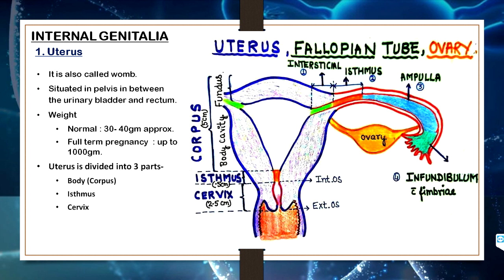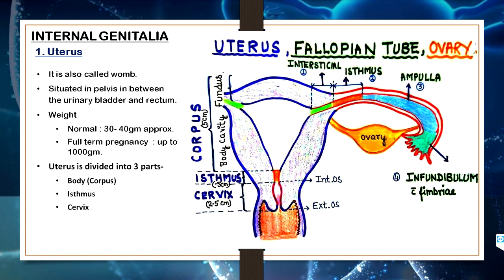So first is the corpus, second the isthmus. One thing I want to tell you about the corpus is that the wall of the uterus is made up of thick smooth muscle cells, and it has 3 layers. From outside to inside, outside is called the perimetrium. Within the perimetrium is the myometrium, the thickest smooth muscle layer of the uterus.